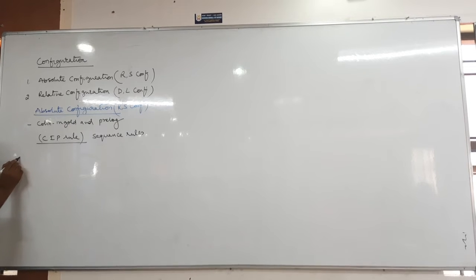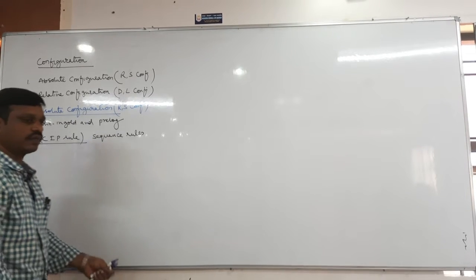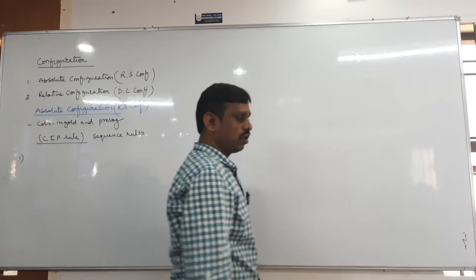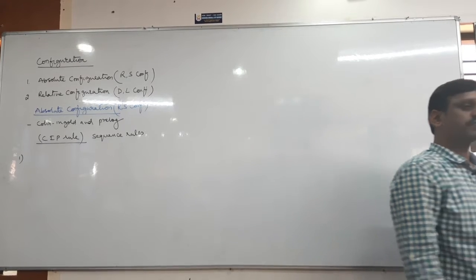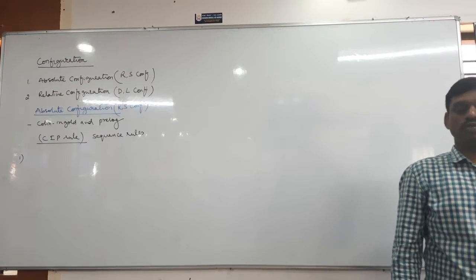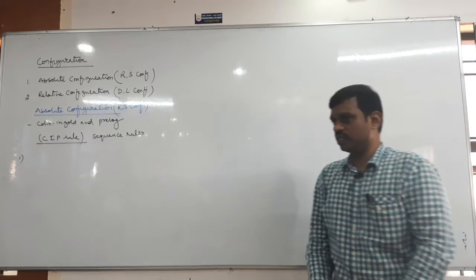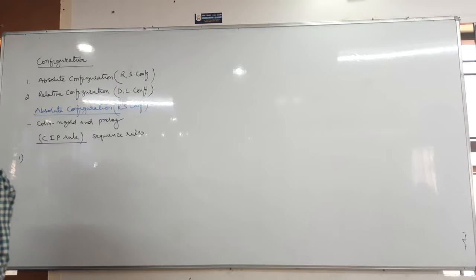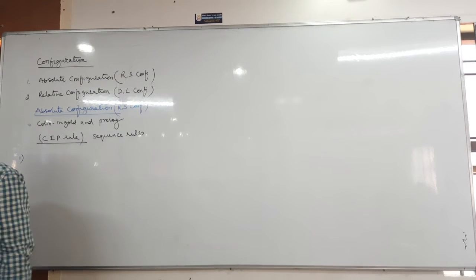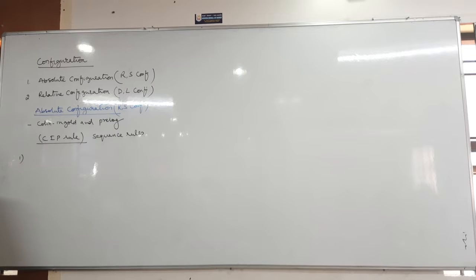First rule: identify the atoms or group of atoms present on the asymmetric carbon, and give the priority based on atomic number or atomic mass.